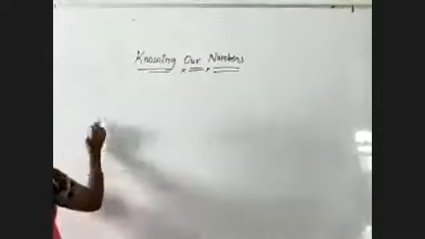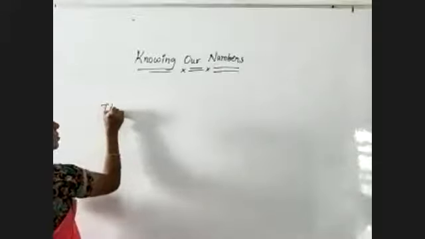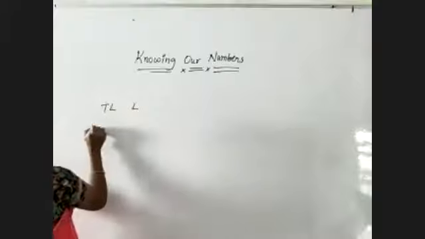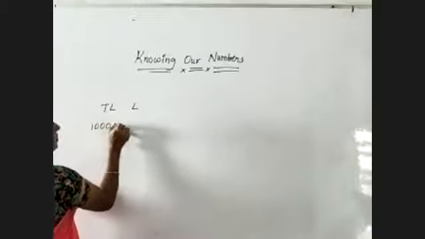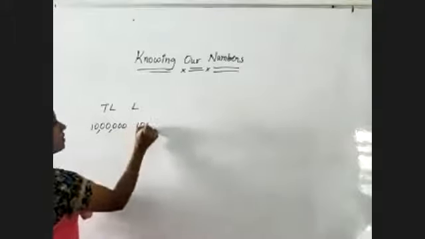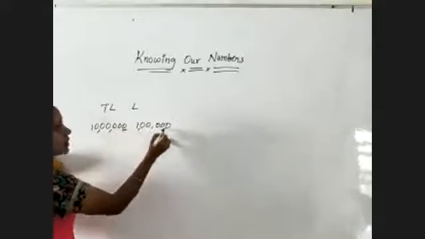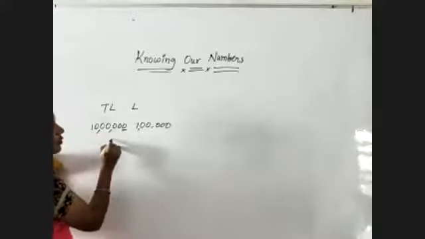If we are moving left to right, suppose from 10 lakhs to lakhs, this is my number, 10 lakhs, and lakhs will come like this. So just observe, one zero was deducted while I am moving left to right.